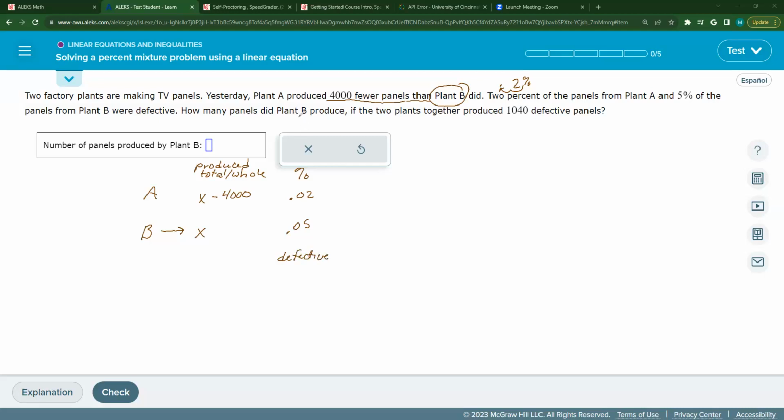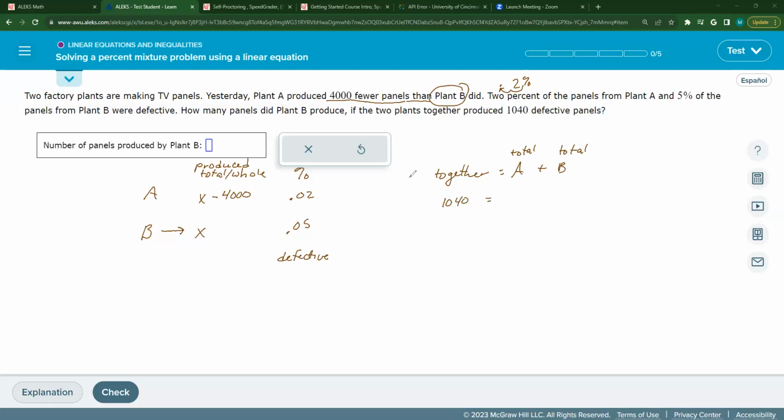How many panels did B produce if the two plants together, so together equals A plus B total. Produced 1,040 defective panels.